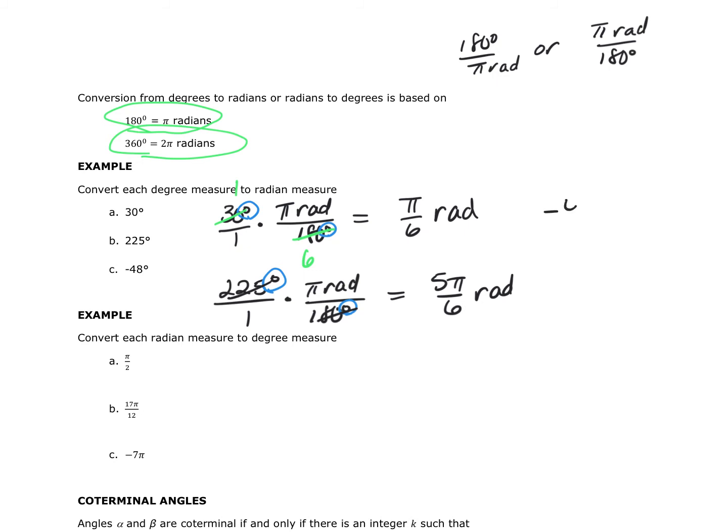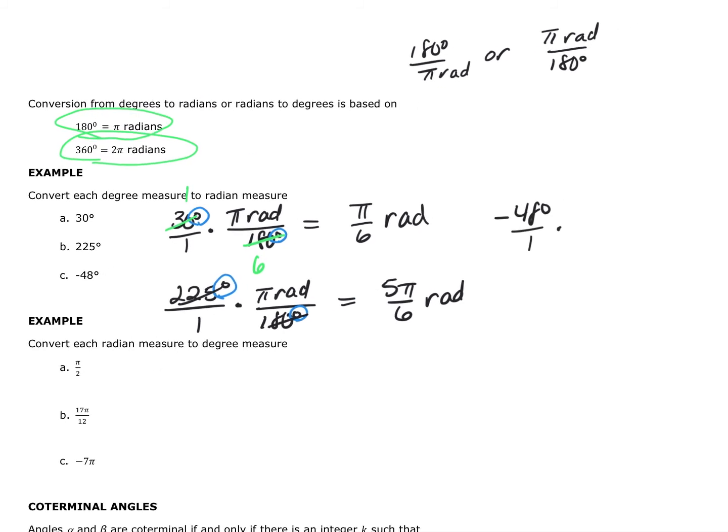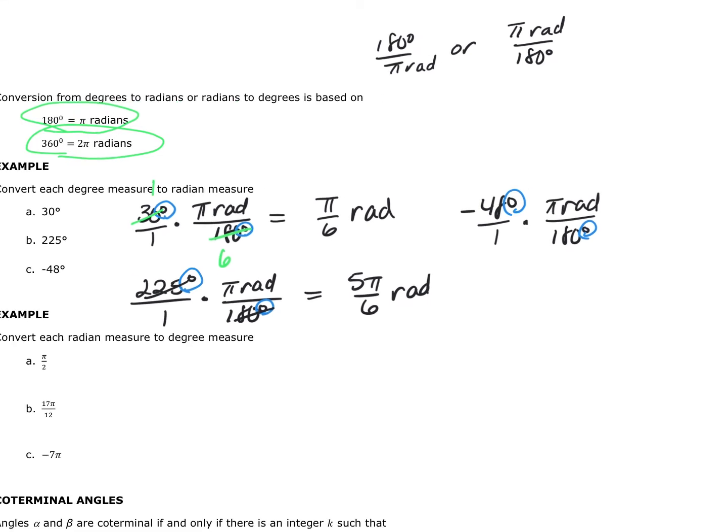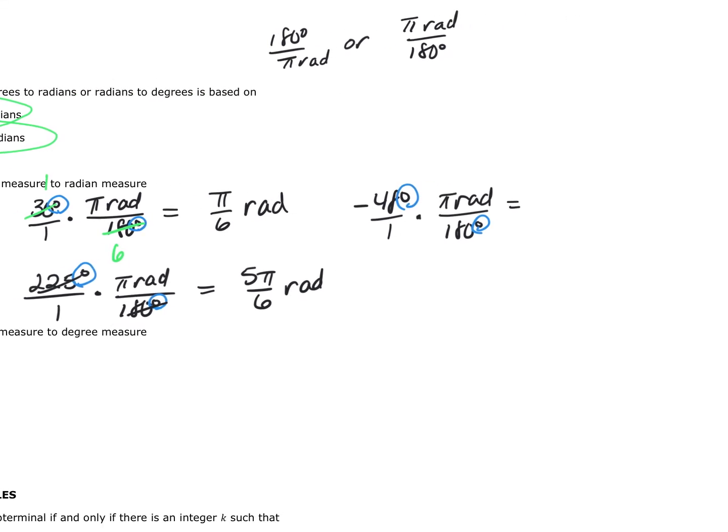Lastly, I have a negative 48 degrees over 1. I want to cancel my degrees, so I'm going to put pi radians over 180 degrees. This will allow my unit of degrees to cancel, and I end up with 48 over 180.